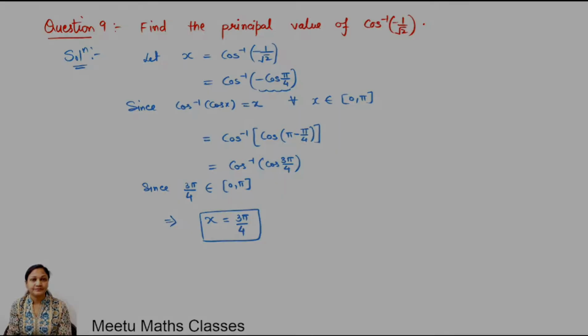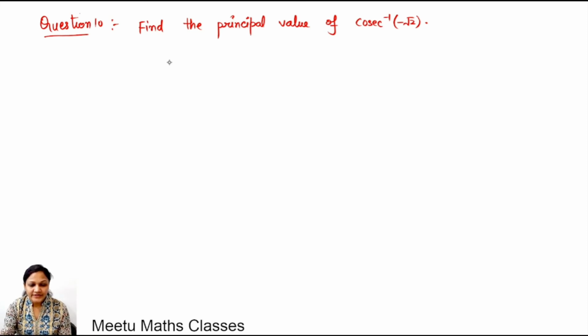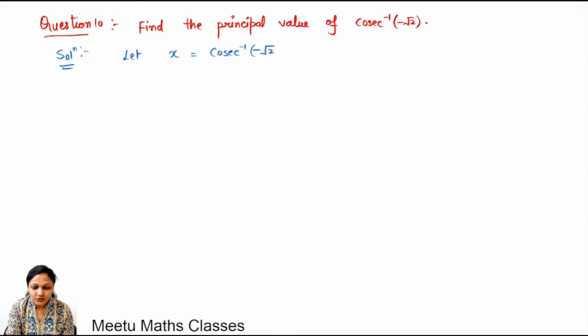Your next question is find the principal value of cosec inverse minus root 2. Now to find the value of this angle, let your angle x is equals to cosec inverse of minus root 2. Now, root 2 can be written as cosec of pi by 4.